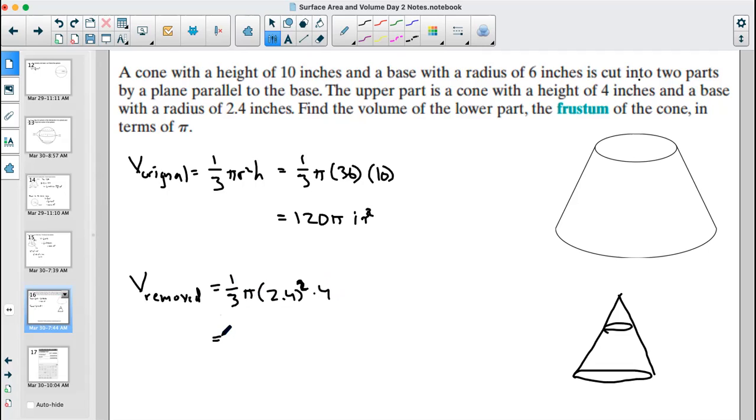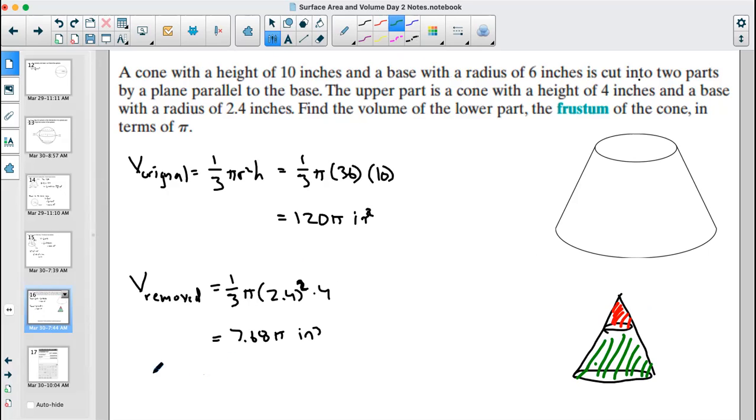What I just punched in the calculator, 1/3 times 2.4 squared times 4, is 7.68 pi inches cubed. This is the part that we removed.